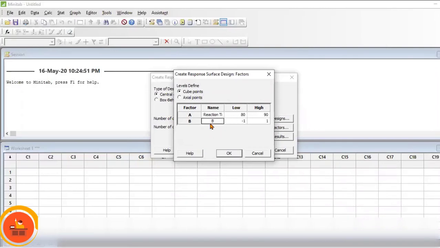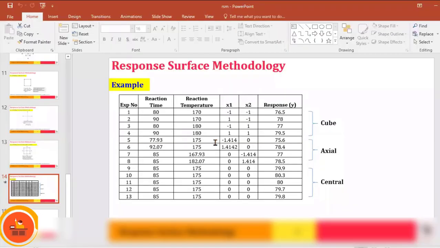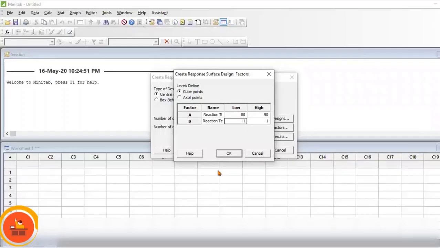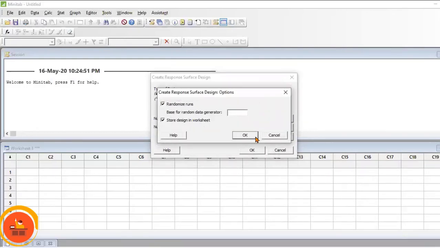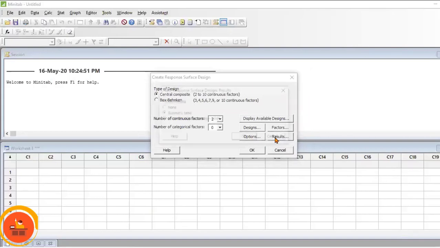Next, B factor, reaction temperature. What are the values? 170 to 180. That is, low is 170, high is 180. I've taken the 2 factors, just pressing OK. Factors completed. Options: randomize the runs, and the results we will get in a separate table.